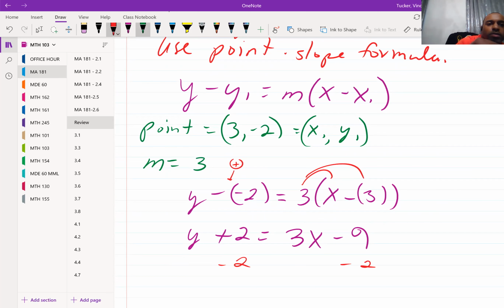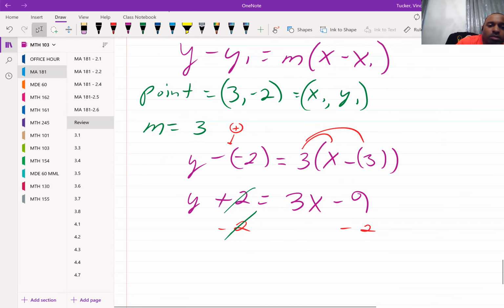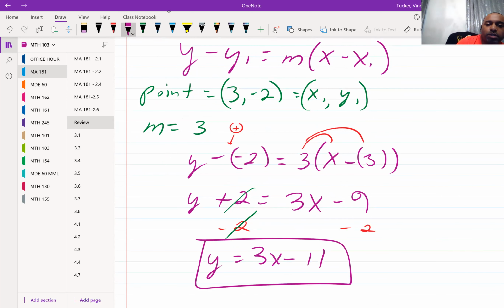I subtracted 2 from both sides. So that should be our equation. Yep, that's all they wanted from us.